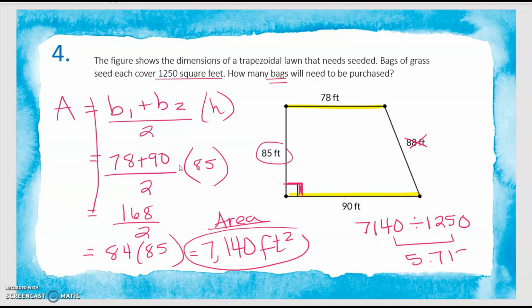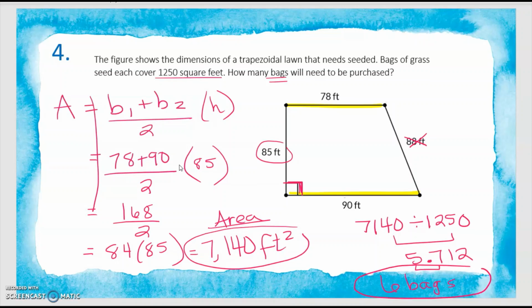Now, you've had problems like this before. And I want you to think if you were to go into Walmart or Home Depot or something and say, I need 5.7 bags. They're going to say, you need to go ahead and just buy an extra bag just in case, because you'll need it. So we would need to buy 6 bags. Okay, pause if you need to.